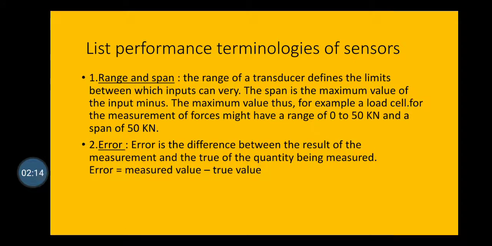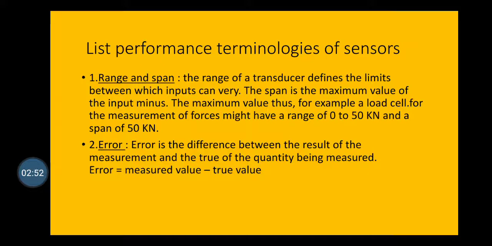The span is the maximum value of the input minus the minimum value. Thus, for example, a load cell for the measurement of forces might have a range of 0 to 50 kilonewton and a span of 50 kilonewton.